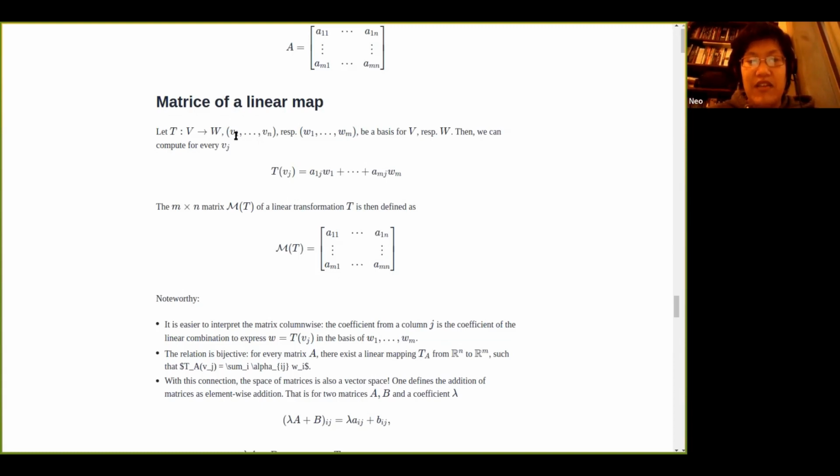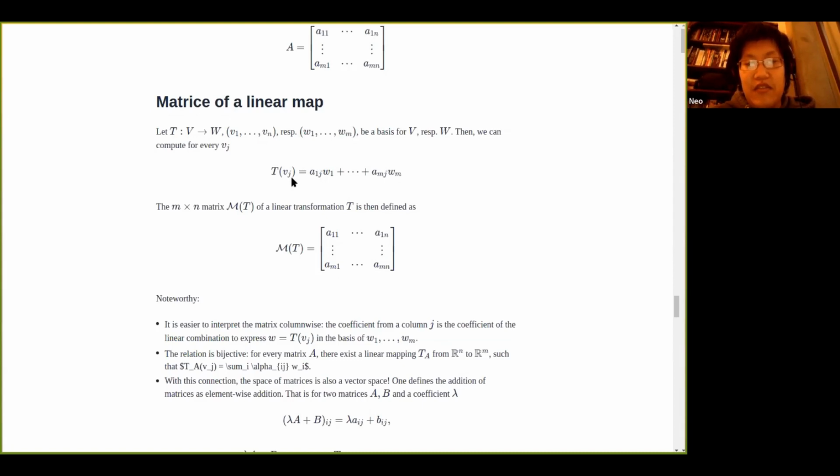We take one element of the first list, and we can express its image as a linear combination of the elements of the second list. The reason we can do this is because this is a basis of W. So for every image in W, you can express the result as a linear combination of the basis by definition.